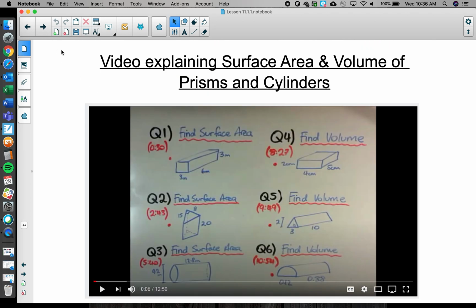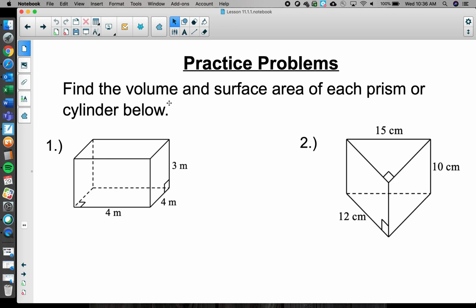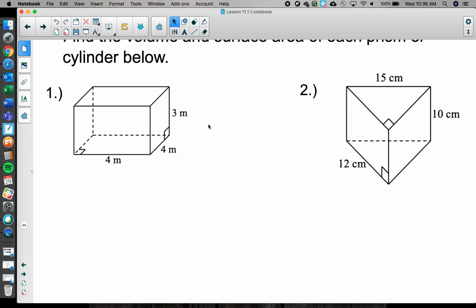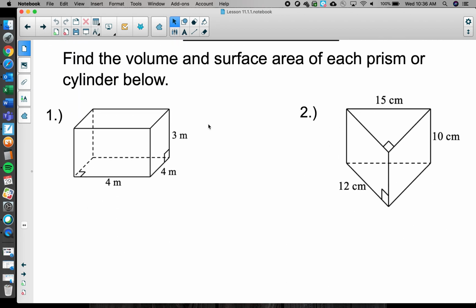Here's a video. Again, just going back over, basically you can see the picture. There are 6 different problems that you can go back and take a look at. They walk you right through how to find surface area and volume of these 6 different problems. So you can take a look at that if you need a refresher. And then here are your practice problems where you're finding volume and surface area of, in this case, these 5 different problems. Here's a square prism.